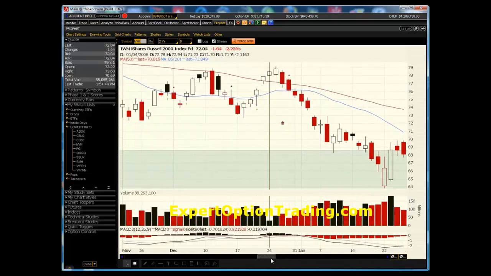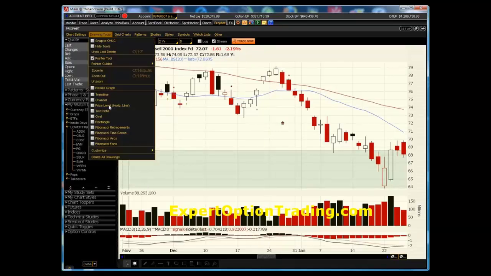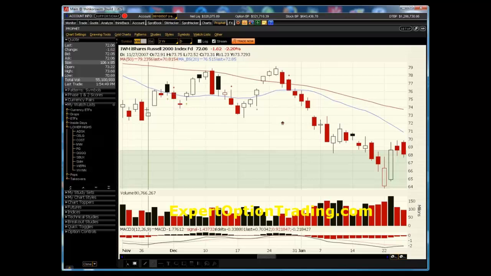Let's see. Here's one right here. I don't think this would have gotten filled though. It has a nice ideal setup because it has a nice large red body. If that was a large white body, it would have been the same thing. But you've got a large red body with a small bodied spinning top candle.